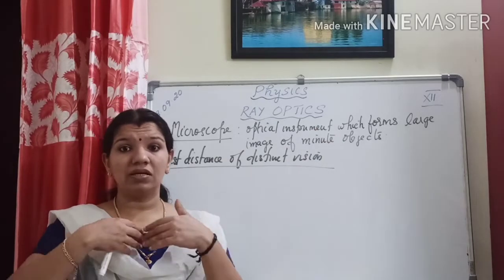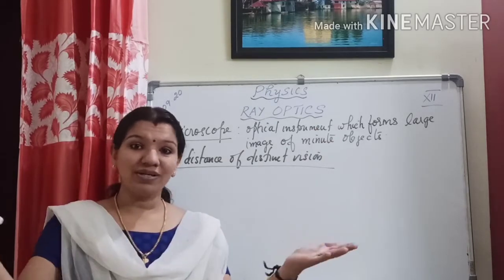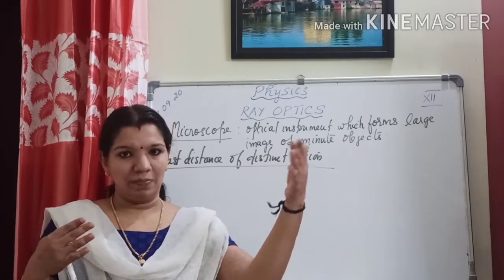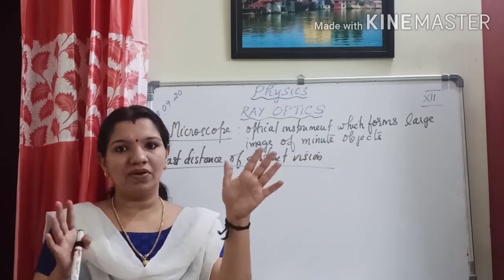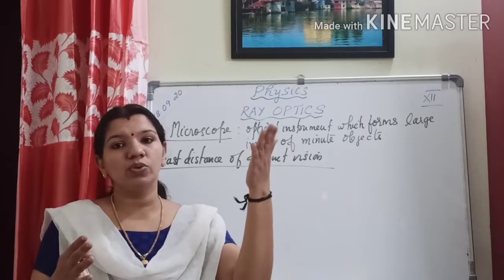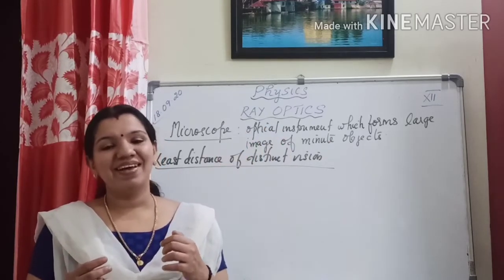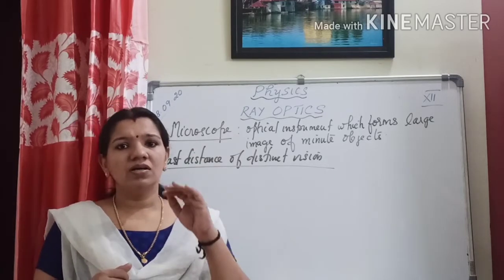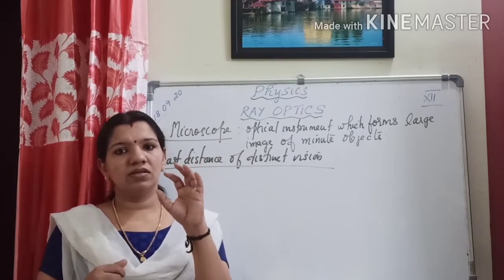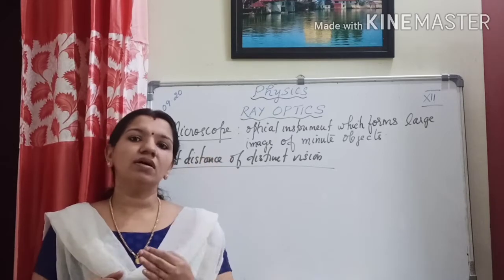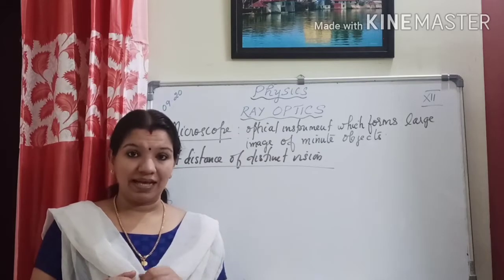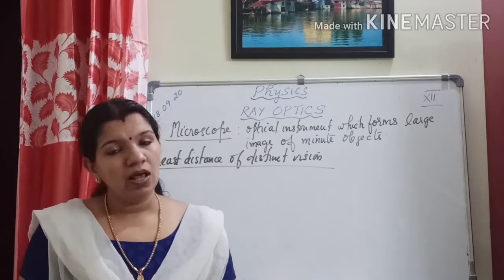Infinity doesn't mean an infinitely long distance, but we can assume that, isn't it? Up to a particular distance you can view the objects clearly. Even you can view the sun and the moon, isn't it? So that you can consider as infinite distance. Clear? So if you can view clearly without any strain, that is the near point. And again far point is there. That is infinity for a normal human eye.